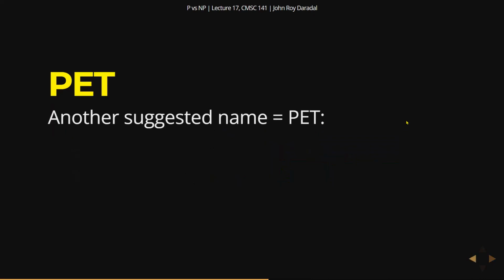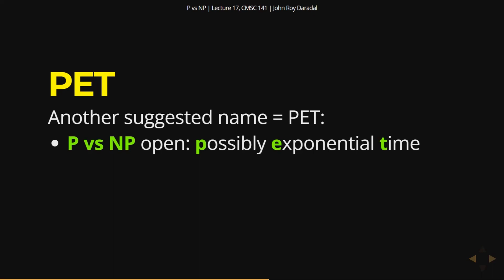Now, another suggested name when they were coming up with this concept of non-deterministic polynomial problems was PET, because it would have worked seamlessly. If the problem is still open, like P versus NP, then PET would mean possibly exponential time, because we still don't know, right? It's possible that it's exponential.